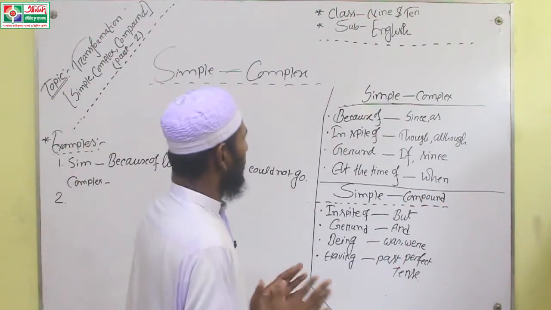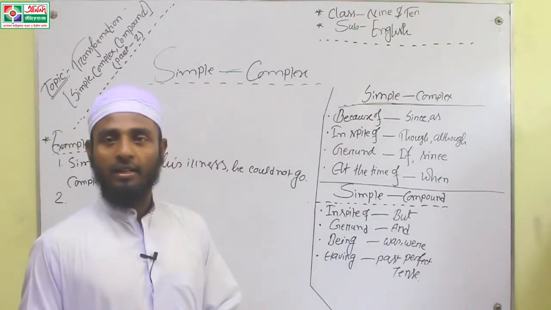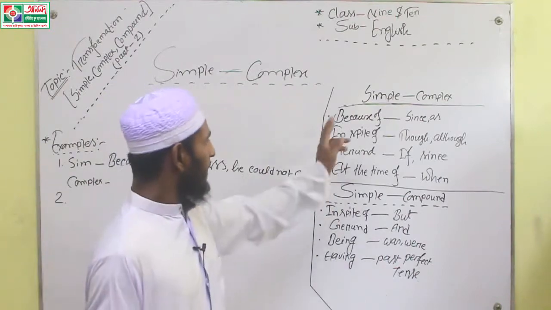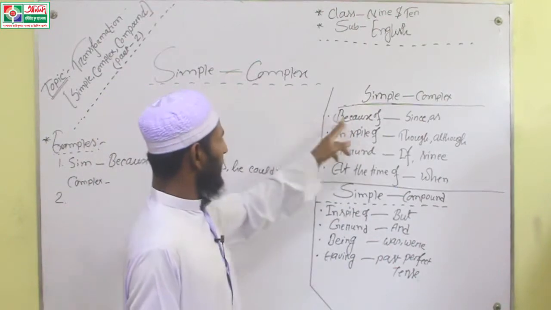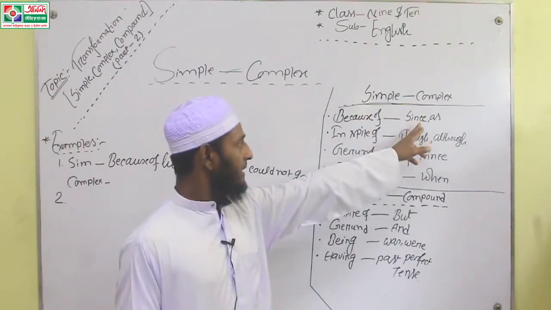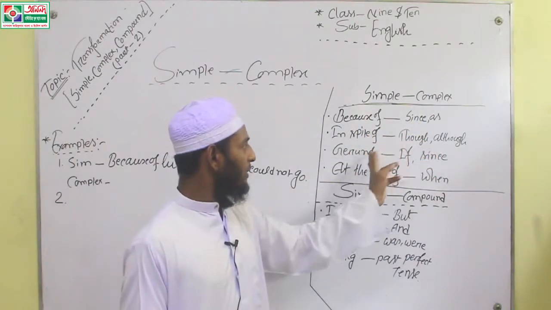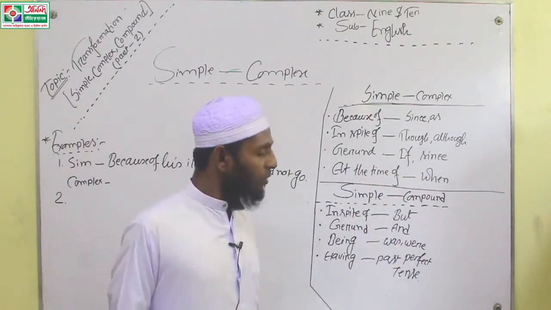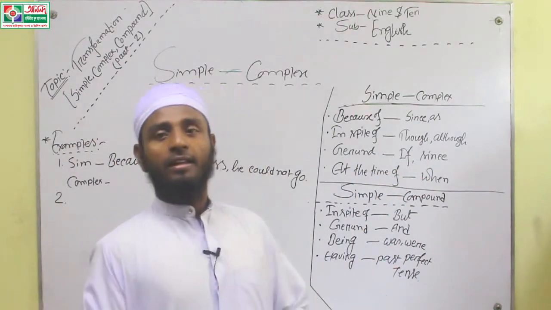So when you find because of, you change it to since or as; in spite of to though or although; gerund to if or since; and at the time of to when. Okay, let's give an example.